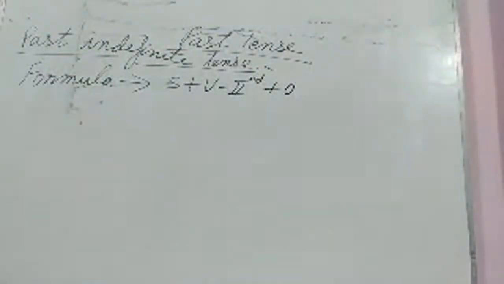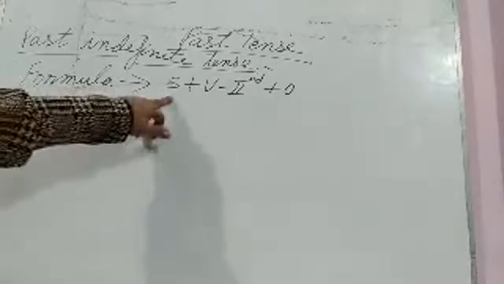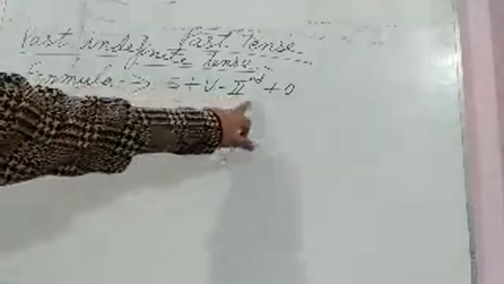In this past indefinite tense, the formula for it is subject plus verb of second form plus object. Let's see the example related to it.